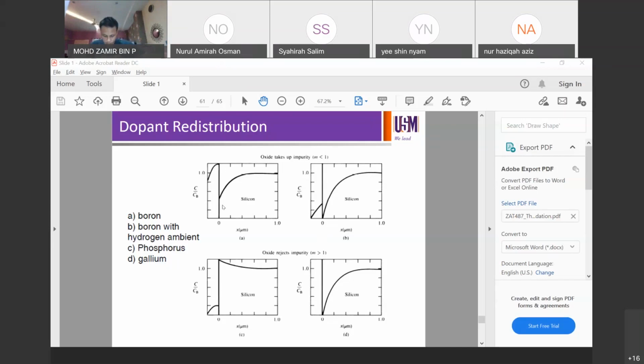Give me a few seconds. Is there a value of M at all? Fast diffusion.